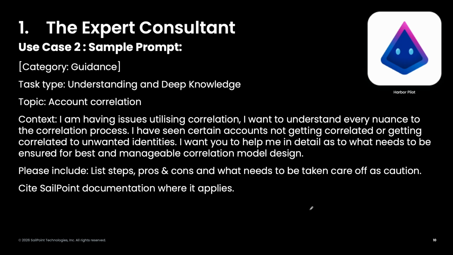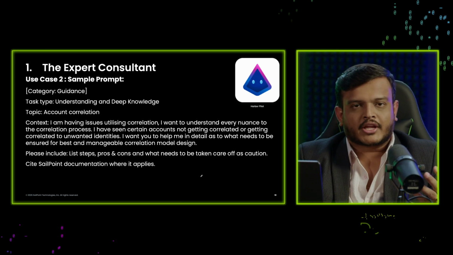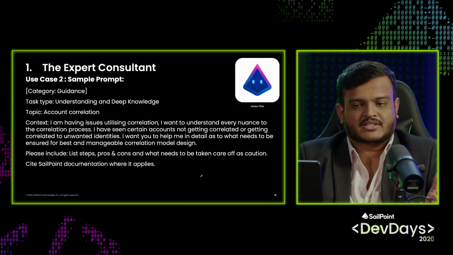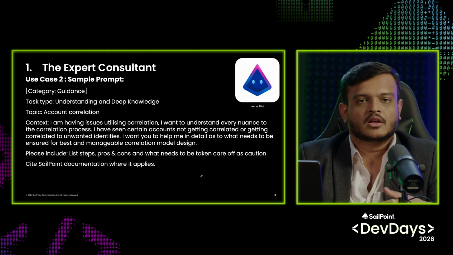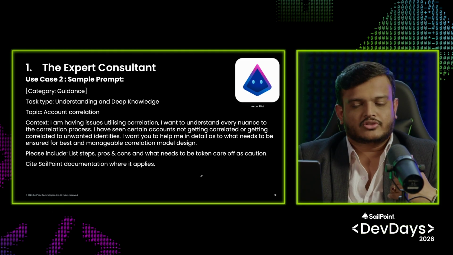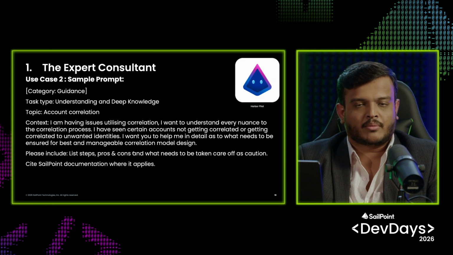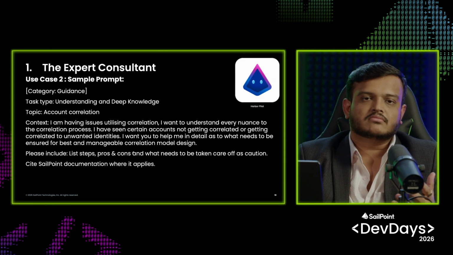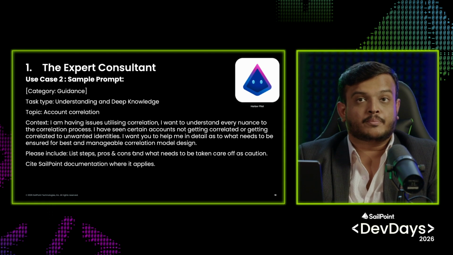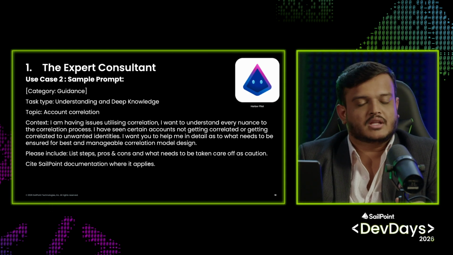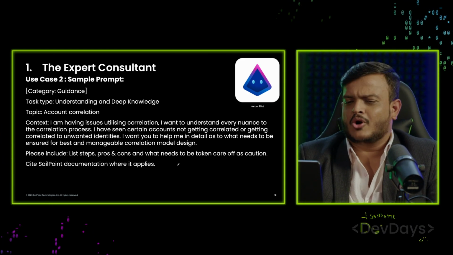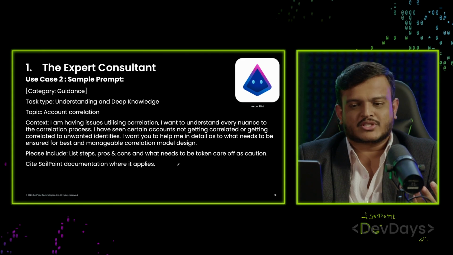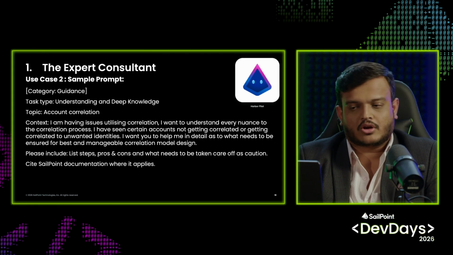So I want you to help me in detail as to what needs to be ensured, like maybe best practices. This is like talking to a person, an expert consultant. You're telling them your pain points and expecting them to resolve your problem. You give them precisely what you are looking for: maybe the steps, the pros and cons, what needs to be taken care of as cautions, and especially the documentation.